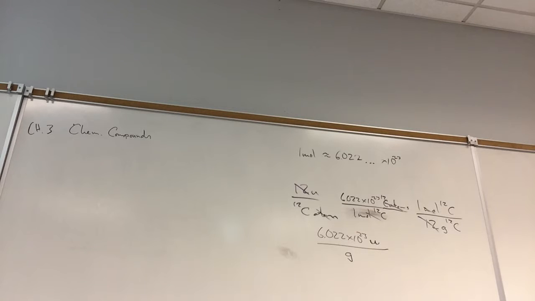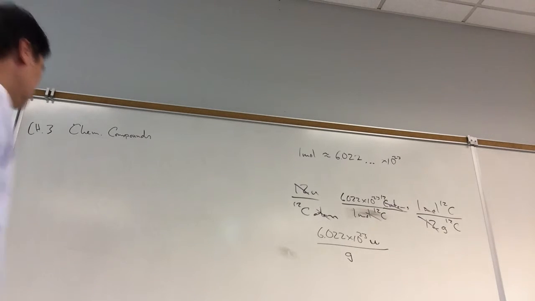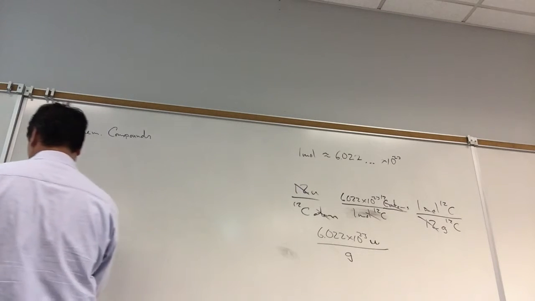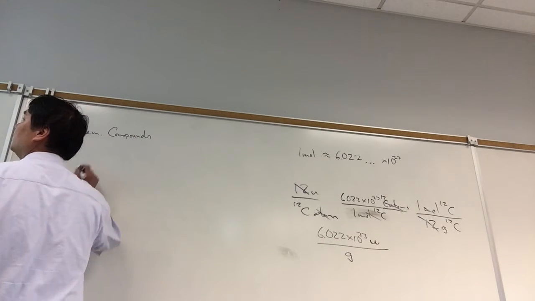So we're going to look at different kinds of compounds. Here's some crystals. This is sodium chloride crystals. We have different kinds of compounds, so let's look at the types of compounds we encounter.